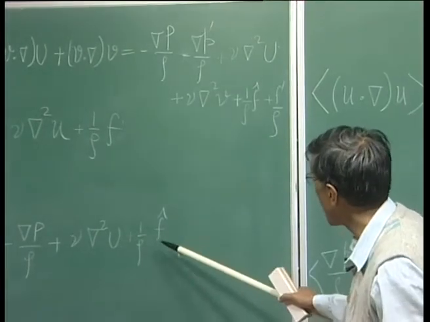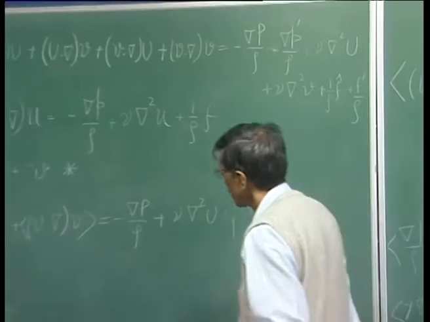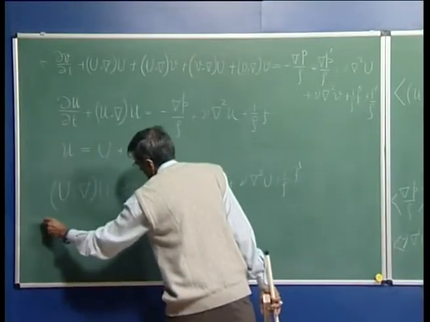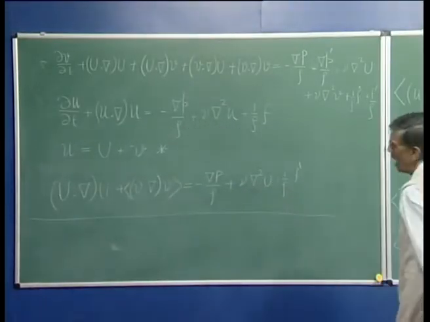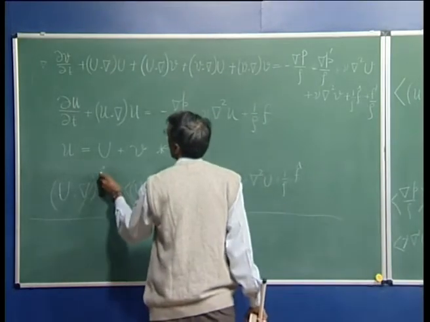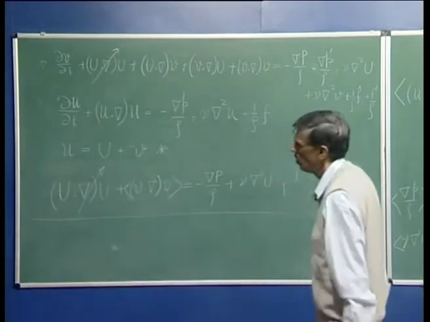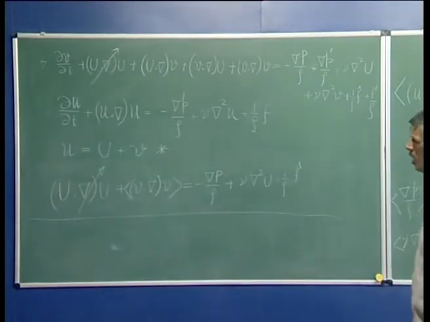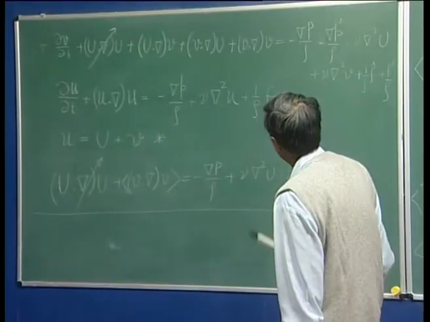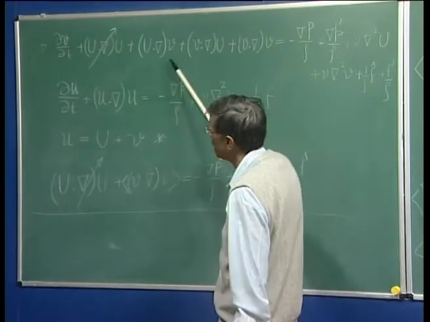So if I now subtract this from there, which are the terms that are going to go away? On the right hand side, this goes away with this. So that's what we get. What do we retain? We retain all these three terms.